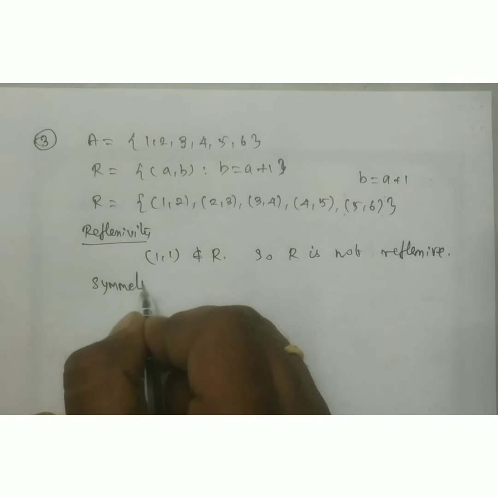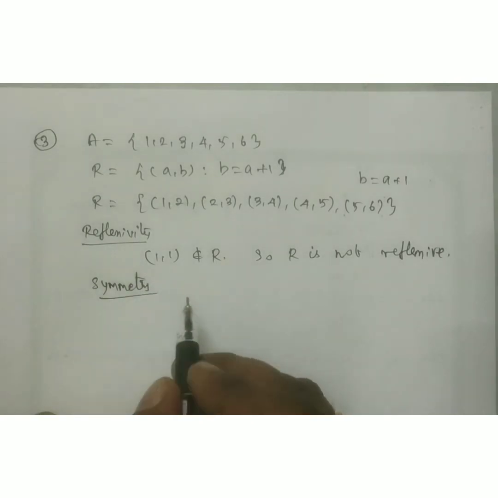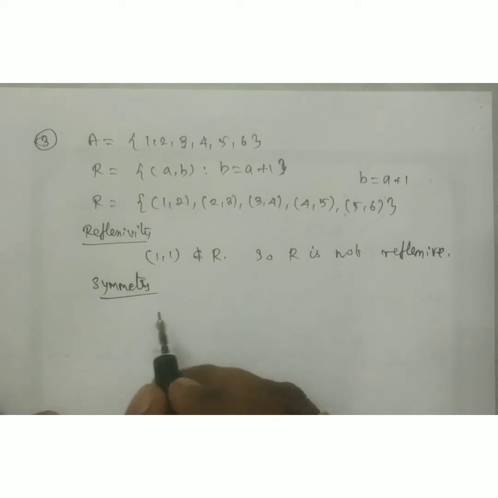Next, check the symmetry. Symmetry means (1, 2) belongs to R, so (2, 1) should be in the set. Similarly, (a, b) belongs to R means (b, a) should be in the set.